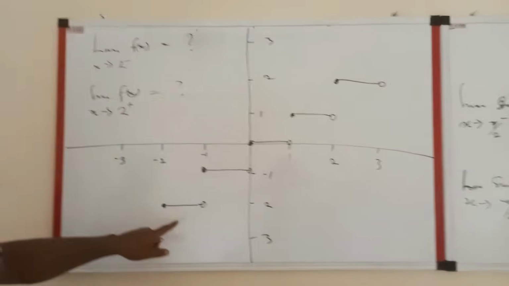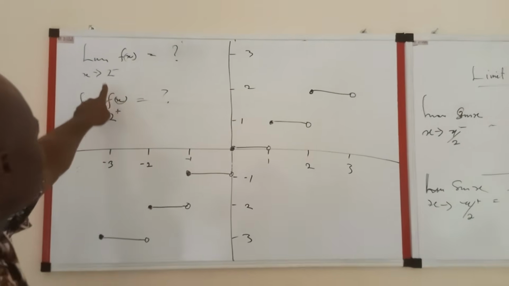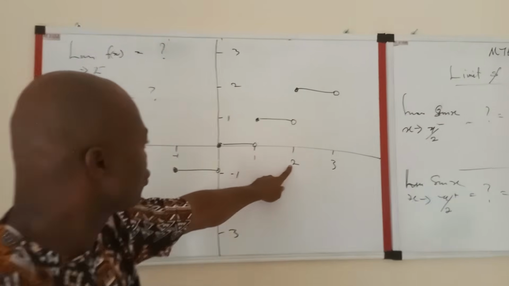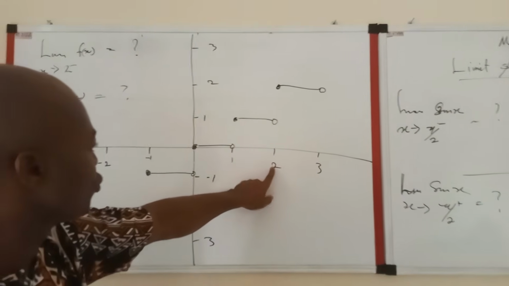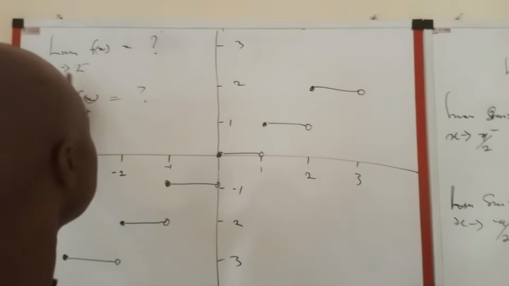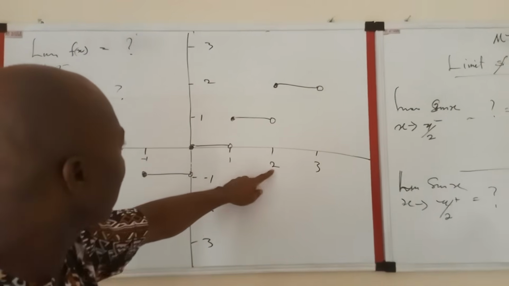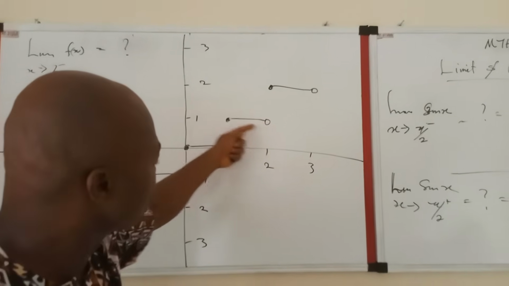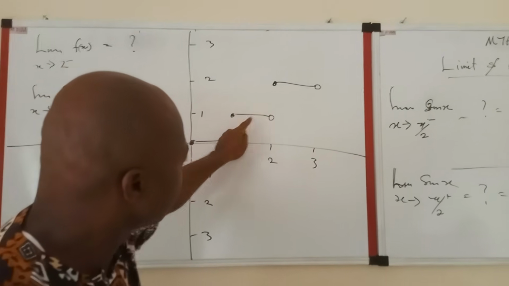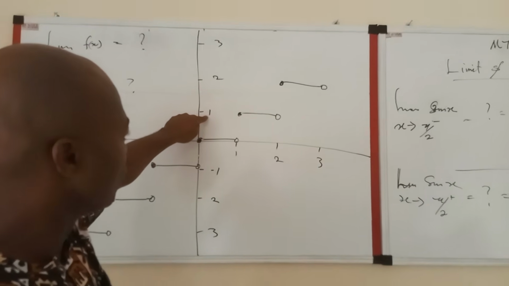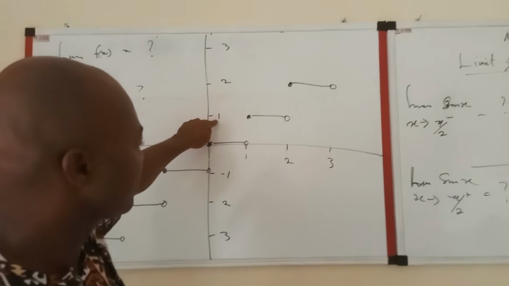Now, based on what we have here, let's look at this. As x tends to 2 from the left, this is 2 here. As x tends to 2, it corresponds to a value 1.